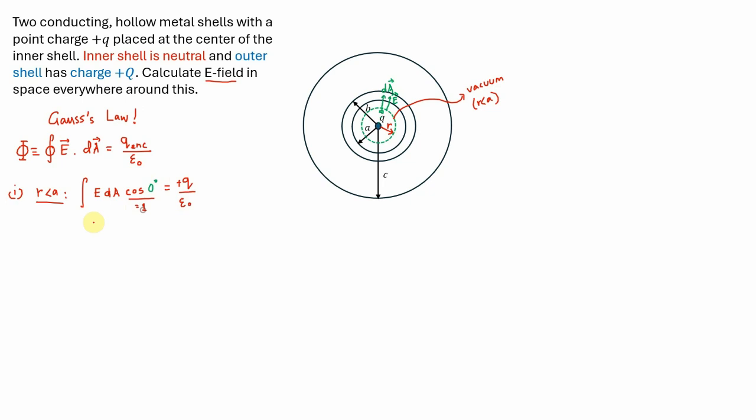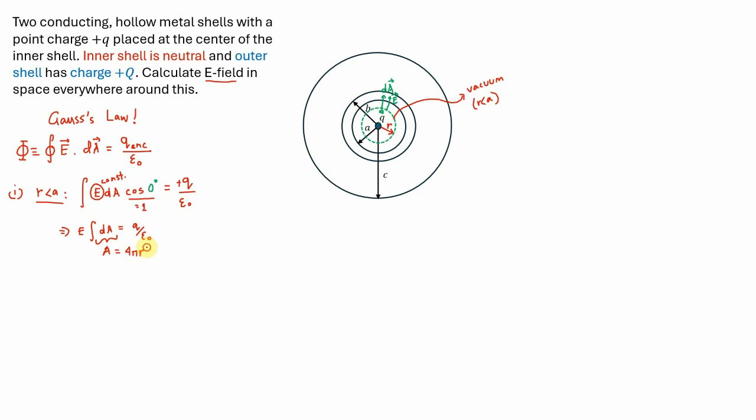Cosine 0 is 1, and the electric field at the surface of my Gaussian surface is constant because the radius is the same to all parts of the surface. So you can bring it outside the integral. And so we can write this as q over epsilon 0. And the integral of dA is just the total area of that surface. The total surface is just a sphere, and the area of a sphere is 4 pi r squared.